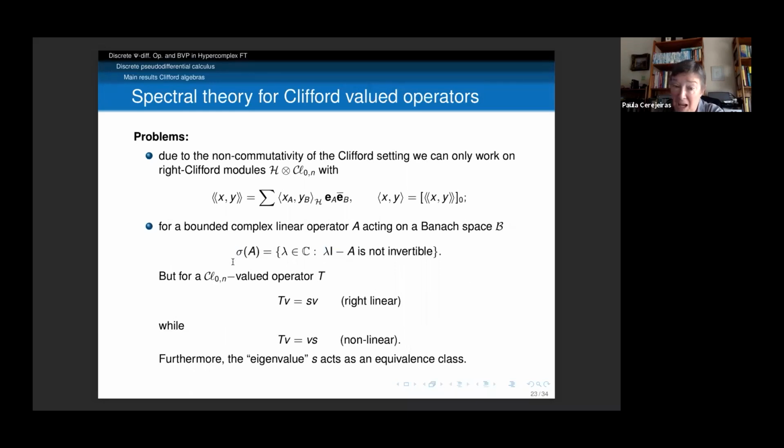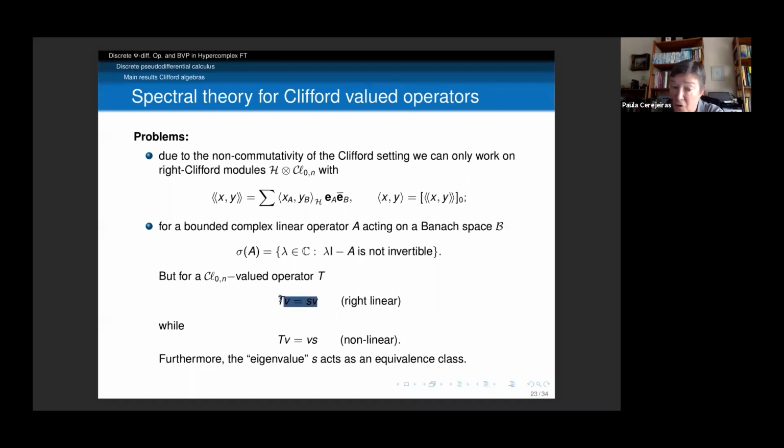But if you have a Clifford valued operator, what possibilities do you have? First of all, you want to apply the operators on the left, which means that if your candidate eigenvalue is also on the left, you have right linearity and everything goes perfectly, but in the moment you try to decompose, apply again another operator, trouble is on the way.